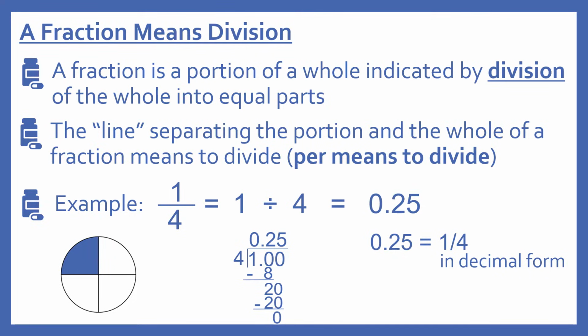So for the example of 1/4, 1 over 4, 1/4 equals 1 divided by 4. And if we solve that with a calculator or working out the division problem, that equals 0.25. So 0.25 is what 1/4 is in decimal form. And we'll talk a little more about that when we get to our decimal section.